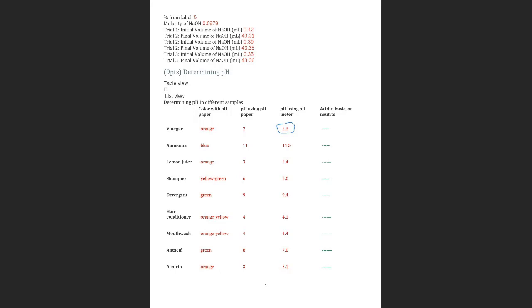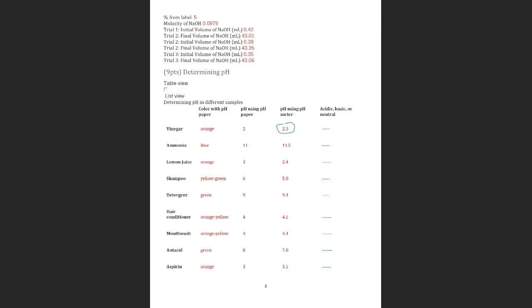So here you have Anton, and yes? Are we looking at the pH meter, or should we use the paper? I will look at the pH meter. Yes, it's more exact.